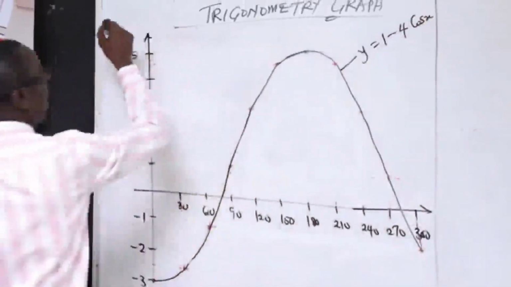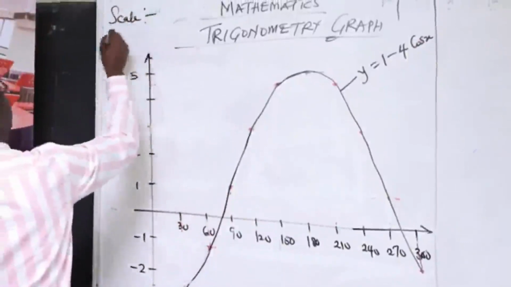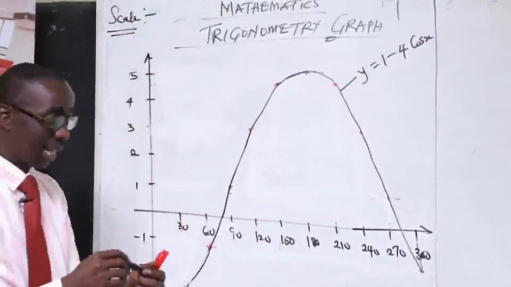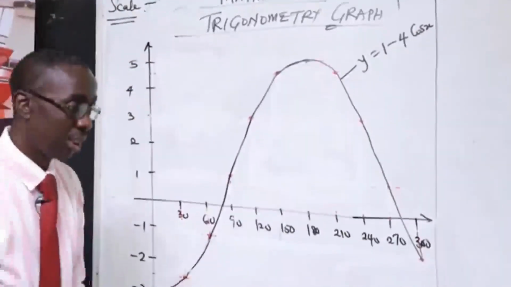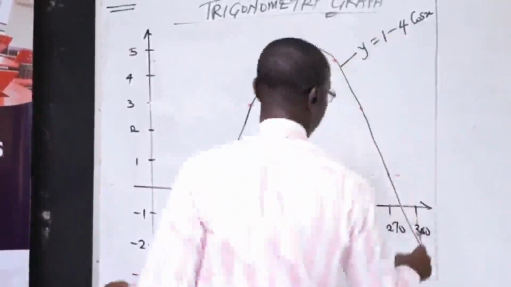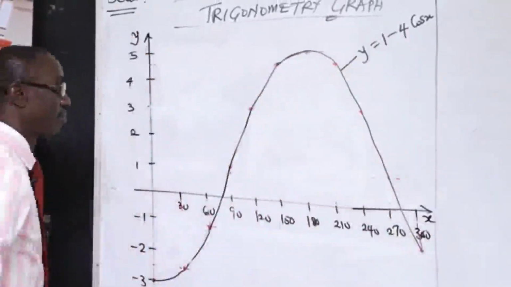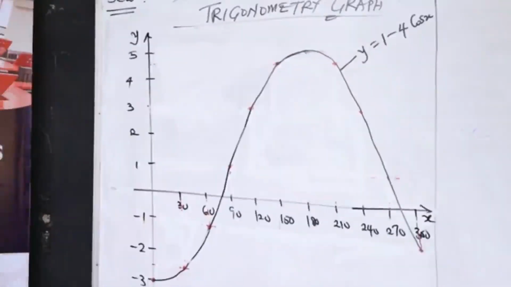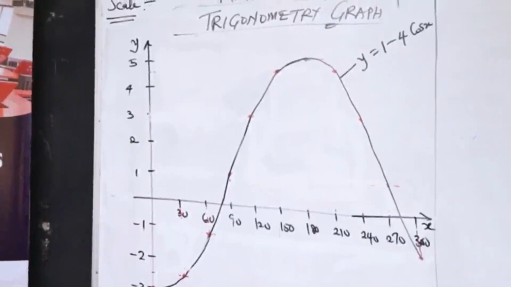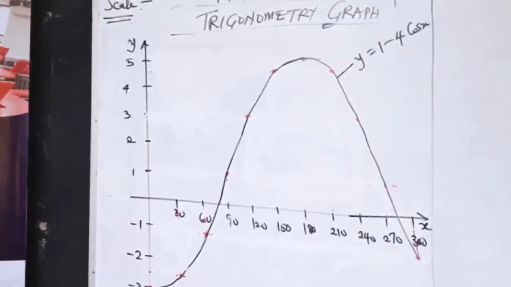Students, you are also expected to put your scale on the graph. Yes or no? Yes, sir. These are important things that the examiner will need to see and check carefully. You also are expected to label your axis. Please label your axis. It's important, label your axis. Am I communicating?